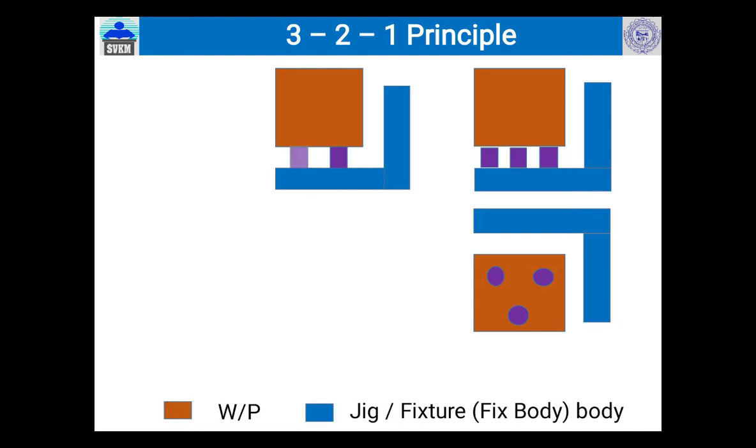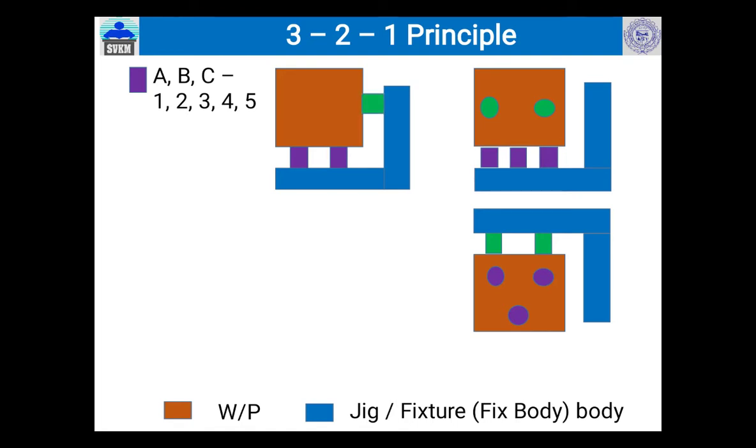Now if we add 2 more pins from the side, after adding 3 pins A, B, C, we can restrict motion 1, 2, 3, 4, 5, that is X clockwise, X anti-clockwise, Y clockwise, Y anti-clockwise, and Z downward.